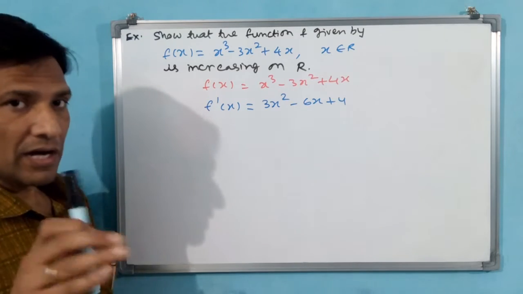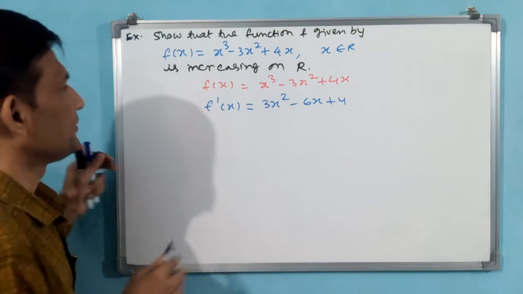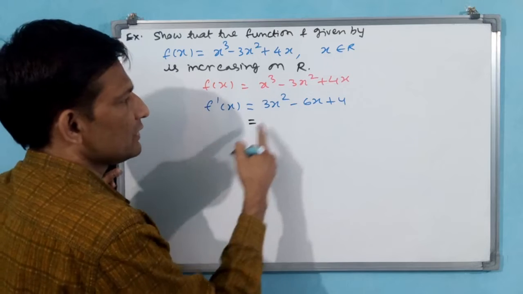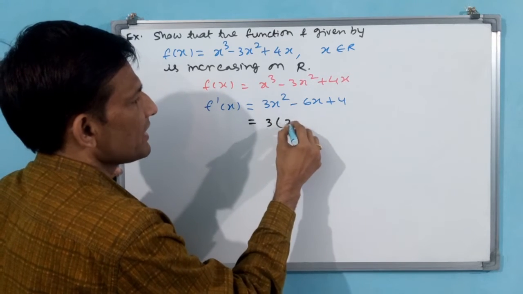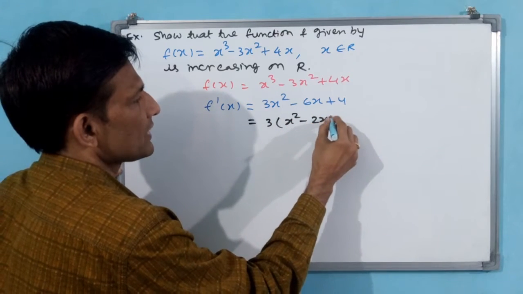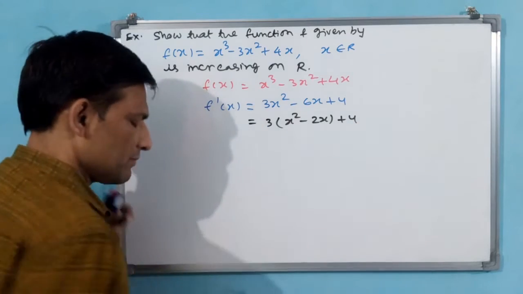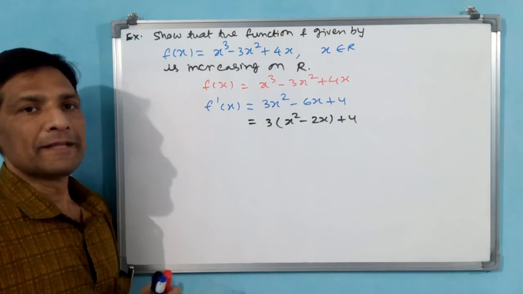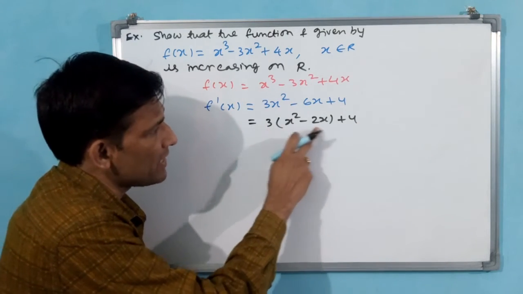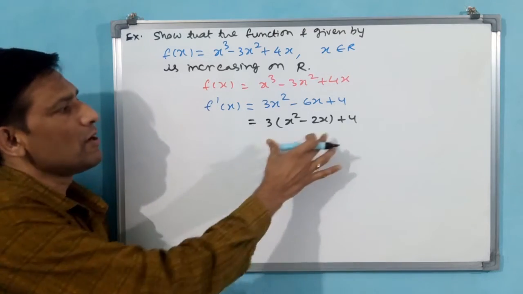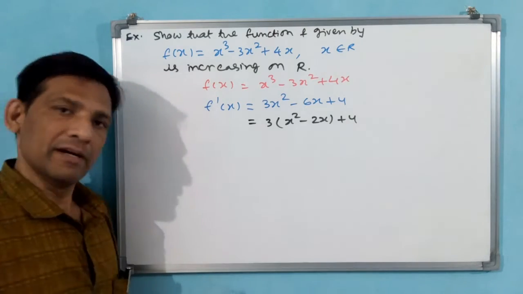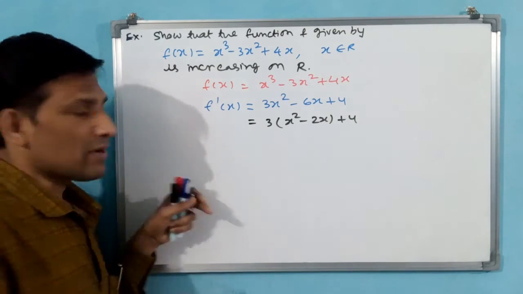Definitely okay. Now you see what I am doing. f dash x is equal to 3, I am taking x square minus 2x, plus 4. Is it okay? Definitely okay. You see 3x square minus 6x plus 4, plus 4 is separate. See how I am changing. I am converting this.